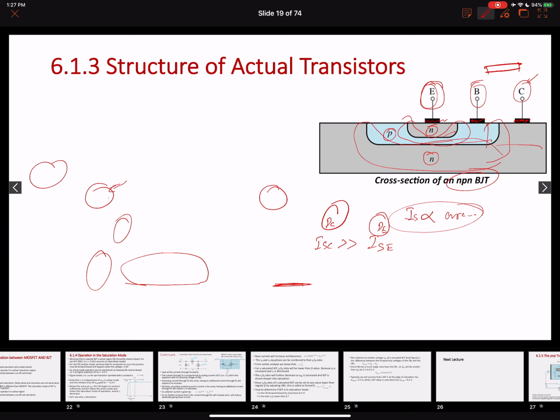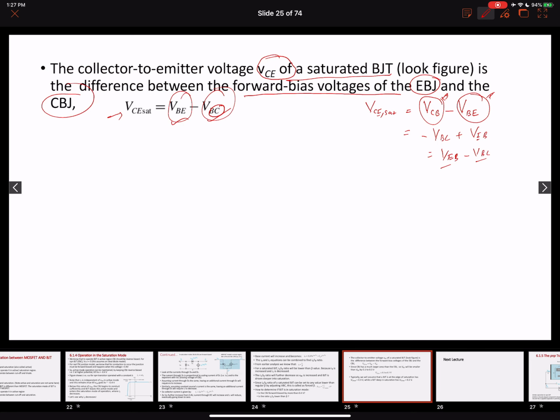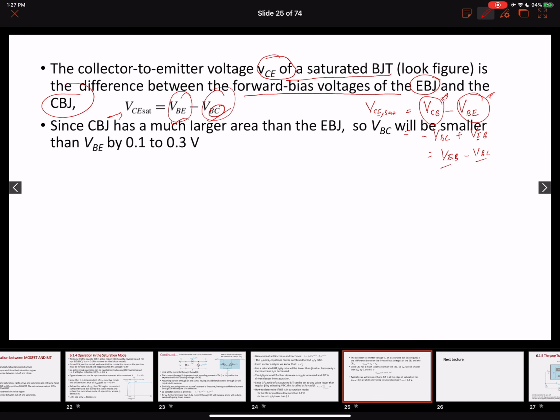If that is true, then the forward bias voltage for the collector to base junction will be smaller, because we have a much larger area. So the required forward biasing voltage for the collector to base junction will be smaller compared to the emitter to base junction by a value of 0.1 to 0.3.